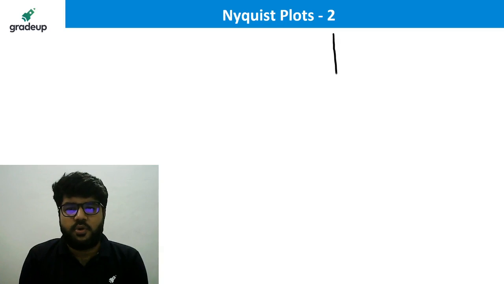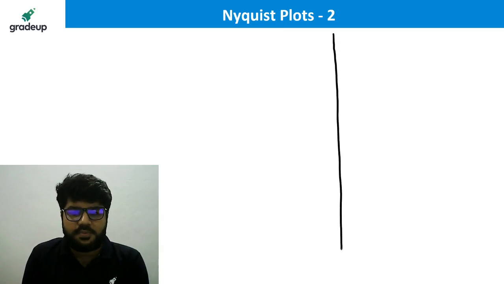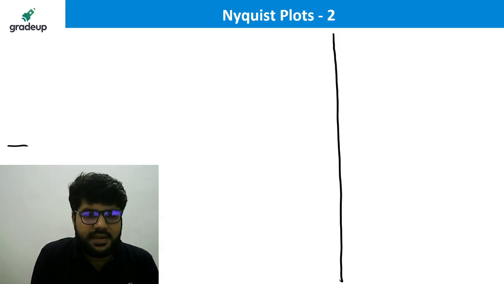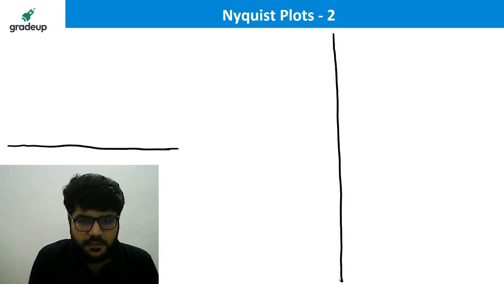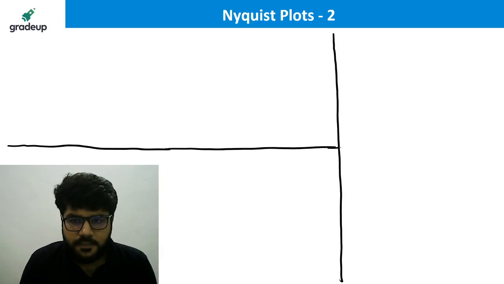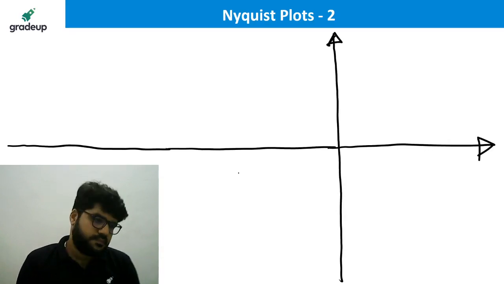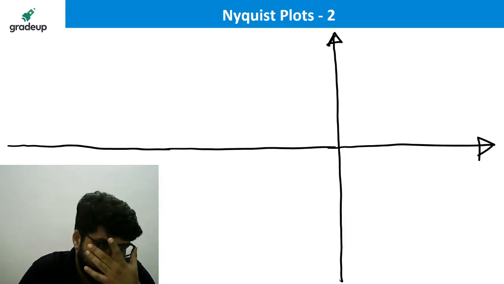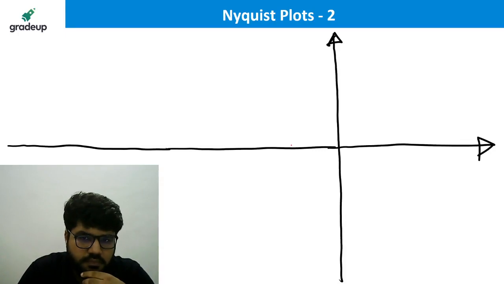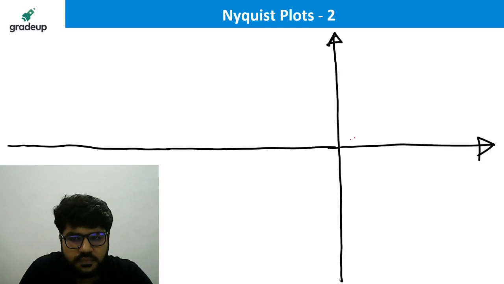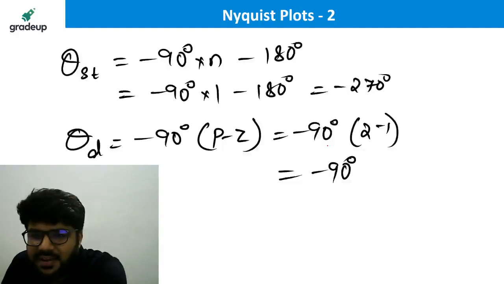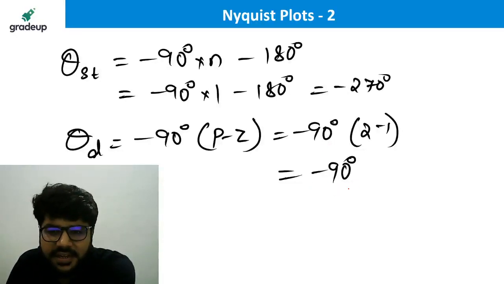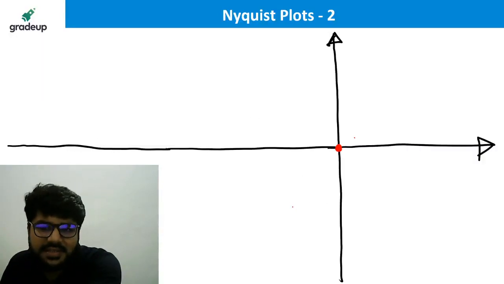The polar plot you can make by the shortcut. For the Nyquist plot, steps number 2 and 3 will be completed. Diving angle is minus 90 degree.